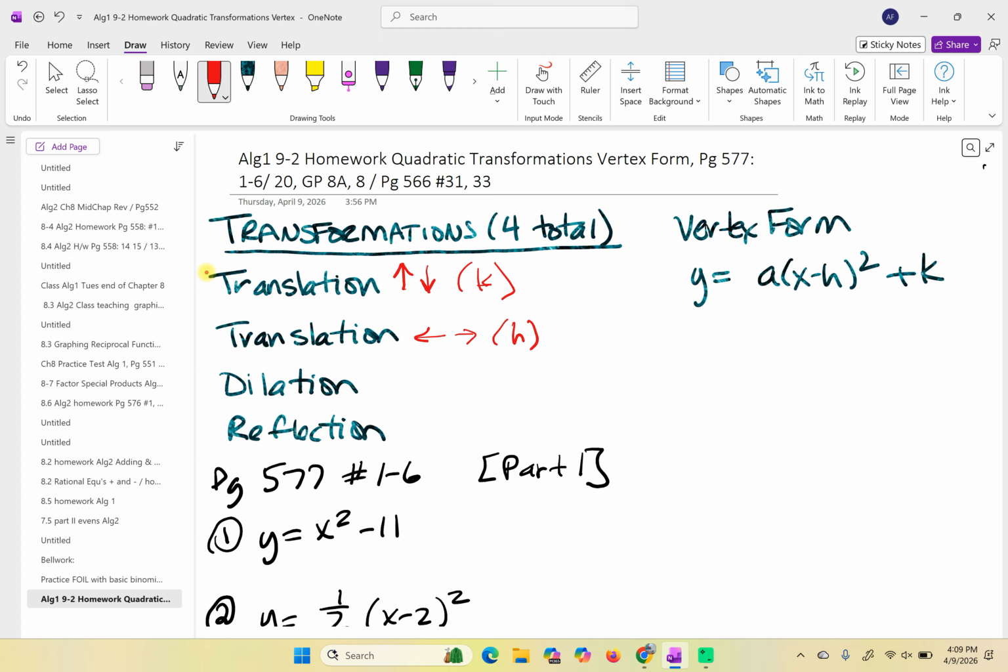There's a dilation, which goes from narrow to wide and everything in between, but either a narrowing or a widening dilation, and that's based on the value of a. Reflection is when a is negative.